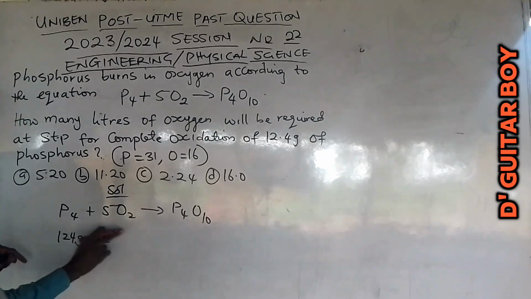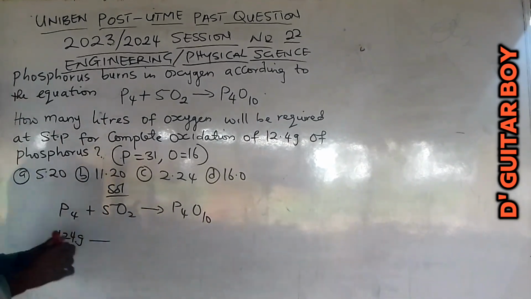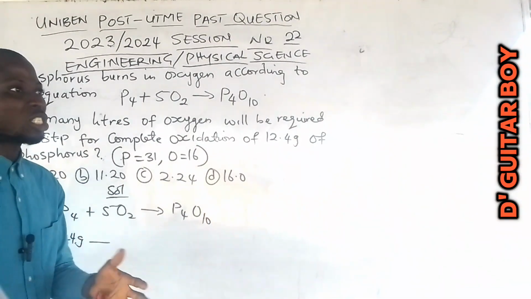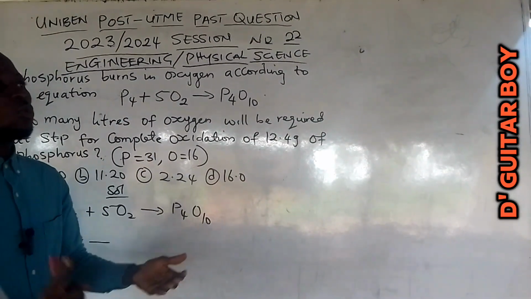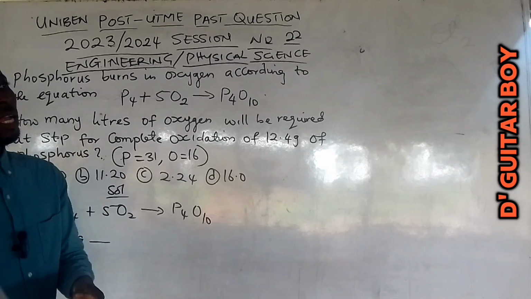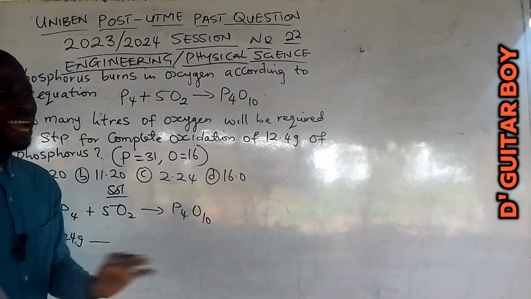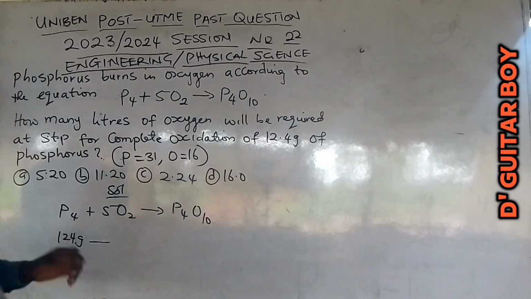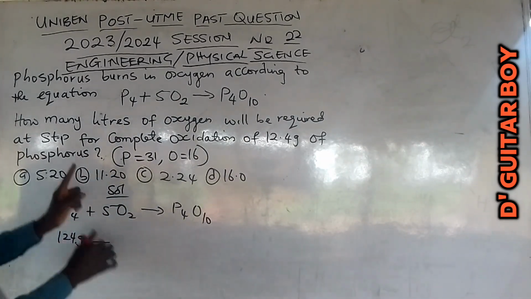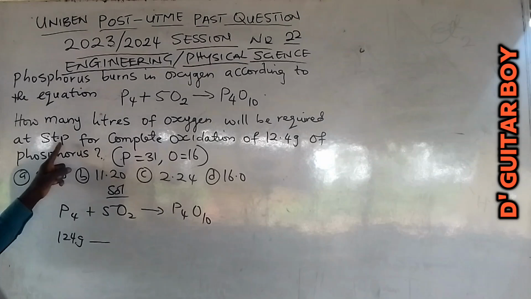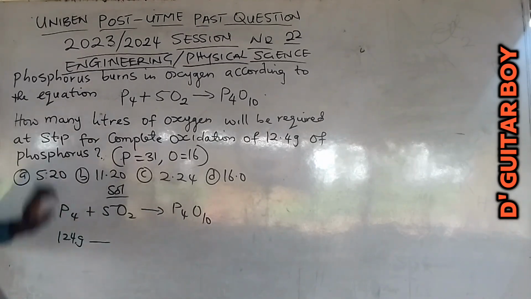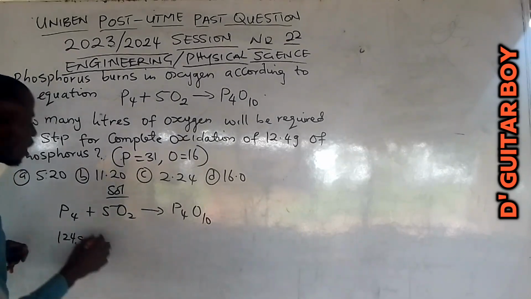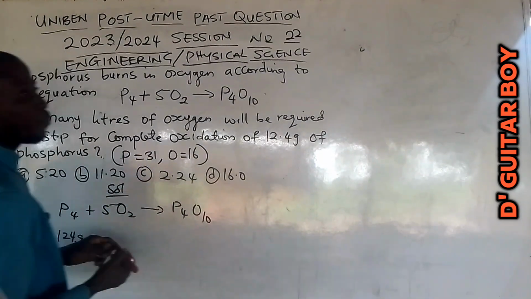You know that the volume of any gas, it doesn't matter the kind of gas, whether oxygen, nitrogen or ammonia, provided it is at standard temperature and pressure, which they will tell you in the question, is 22.4 dm cube.